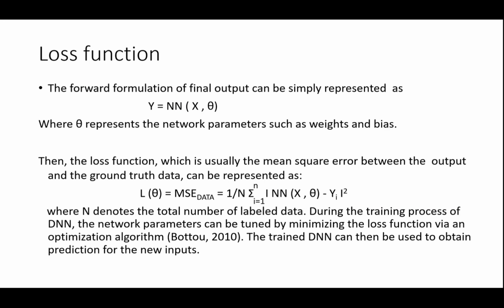After generating the output, the loss function is generated by combining the predicted result of the neural network and the actual ground truth. This loss function indicates a mean square error between the neural network output and the ground truth data for different sample points that are used to train the neural network.